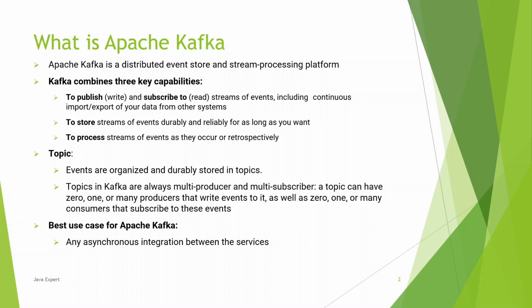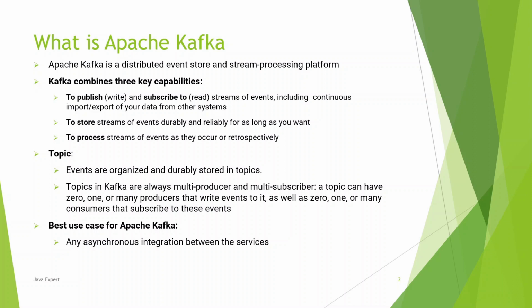To explain in detail, Apache Kafka has the ability to publish messages, which means writing the message to the messaging system, and subscribe to, which means reading the message from the messaging system. The second one is to store. Whenever we publish any message into a messaging system, that message has to be stored somewhere, so it has that capability.